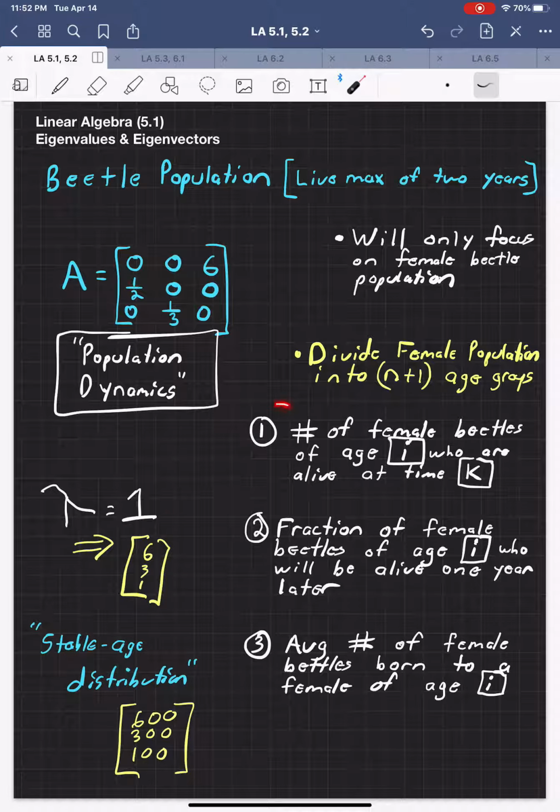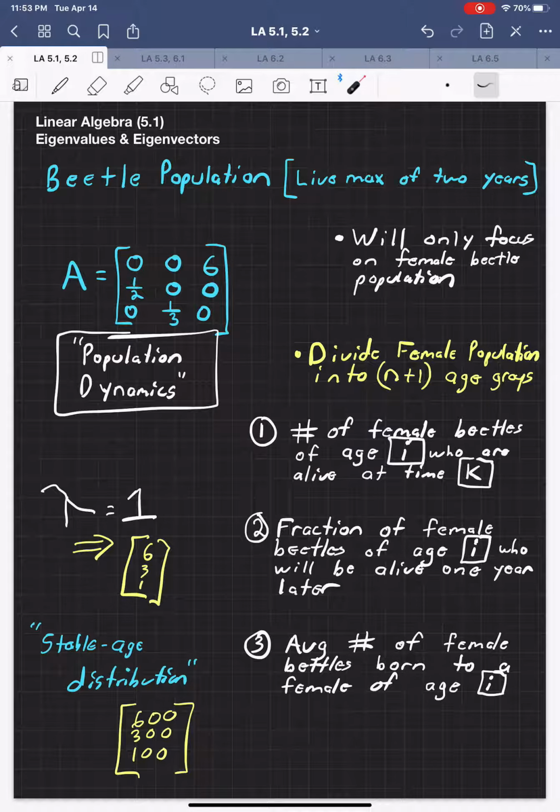So that would mean if you had 600 female beetles of age i alive at time k, and then 300 of those beetles will be alive 1 year later, and the average number of female beetles born to that group would be 100, then you would have this stable age distribution in which the population of your beetles would remain the same. It would not increase, it would not decrease over time. That would be the stable age distribution.